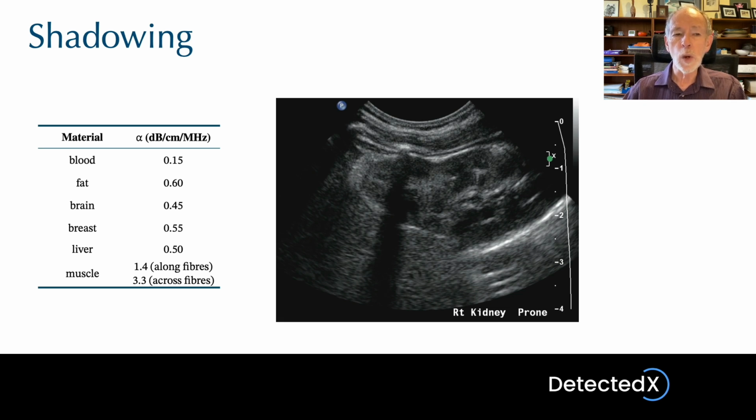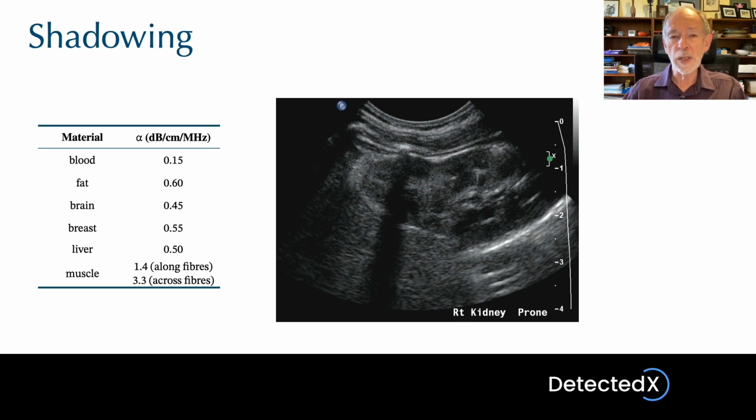Let's begin with a well-known artifact, shadowing, or acoustic shadowing. This occurs whenever we have a small localized area in the tissues which has a significantly higher attenuation than the other tissues.